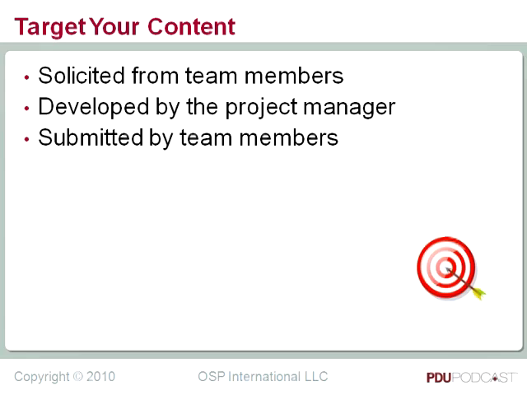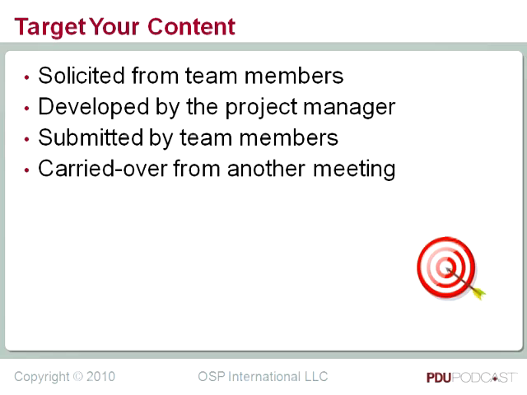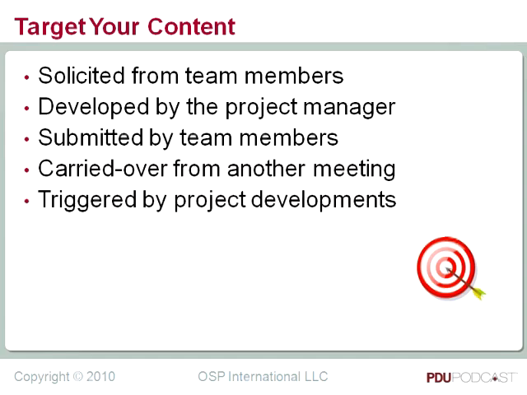You also might have carryover from a prior teleconference. And in some situations, the content is triggered by a project development. Suddenly, the goals have been changed as far as the project is concerned.